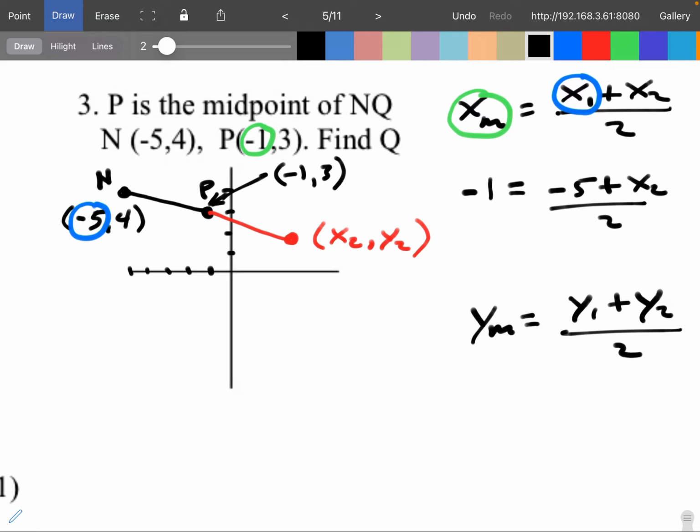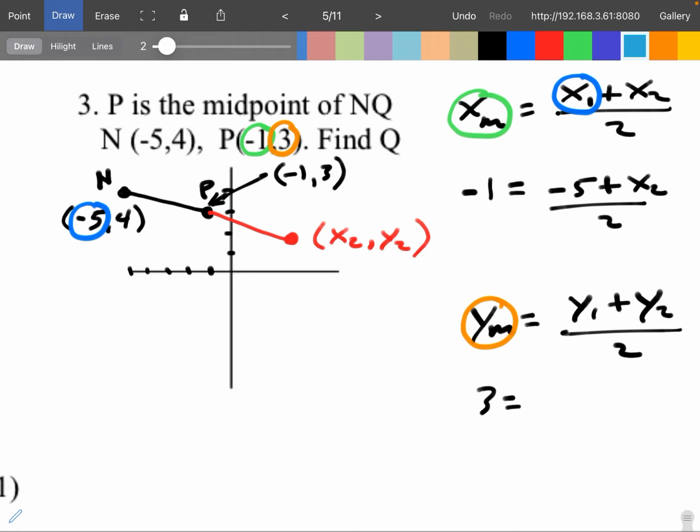And then we can do the same thing for the y, so let's set that one up. For the y coordinate of the midpoint, you add together the y coordinates of the endpoints, and you divide by 2. Do we know the y coordinate of the midpoint? 3. Yep. It doesn't show up very well, so let me try this color instead.